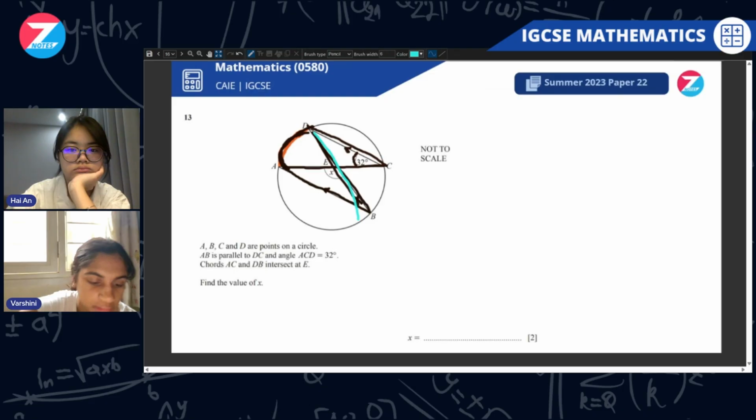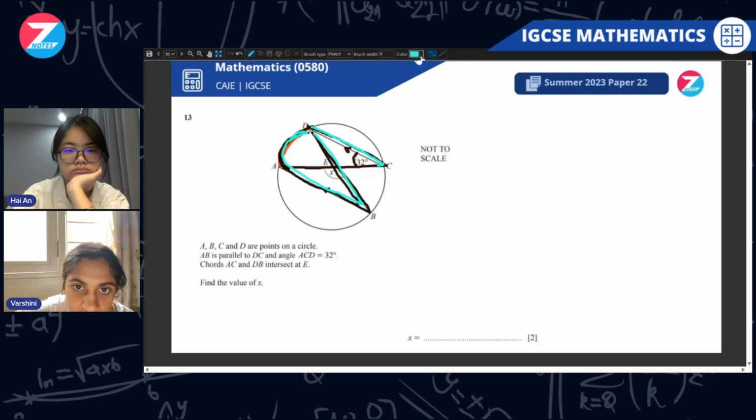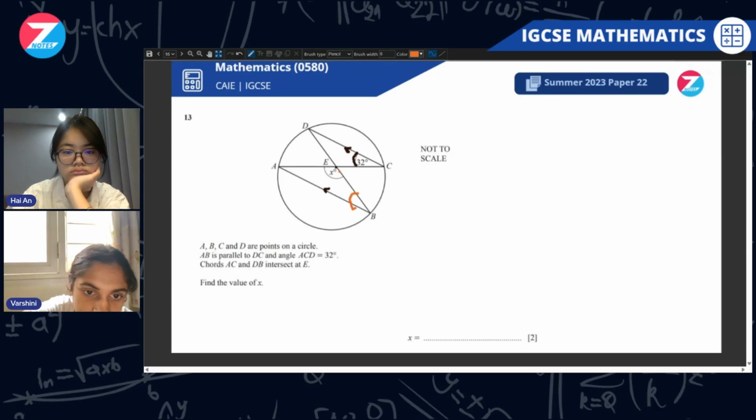So we can see that this AD arc is the same. So let's take away all that marking. So now we can say that this angle is also 32.